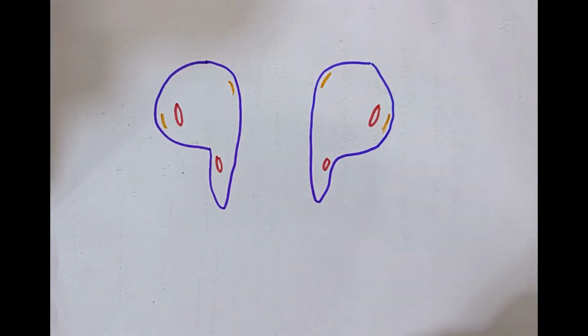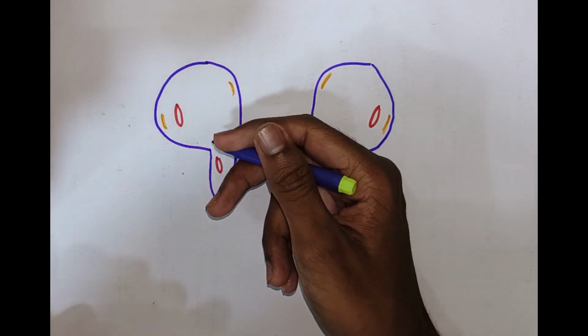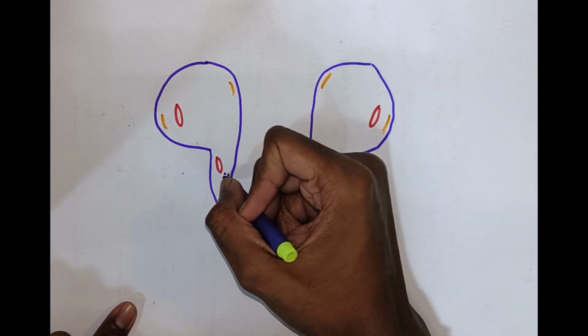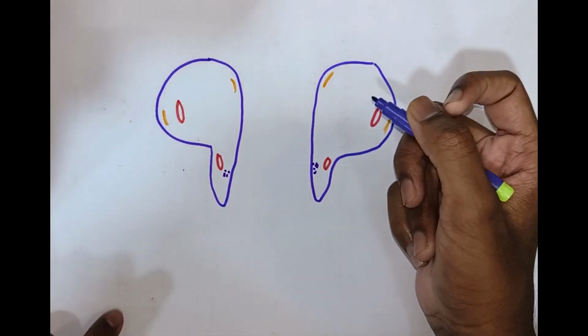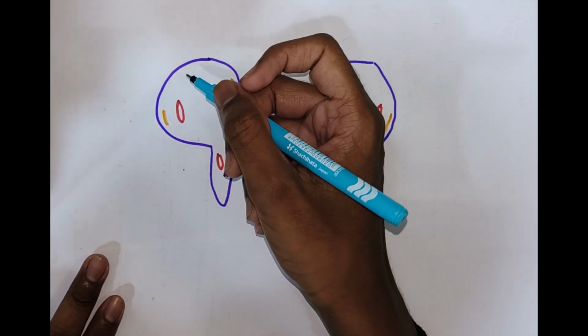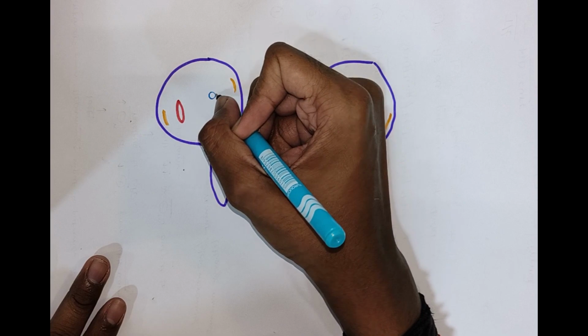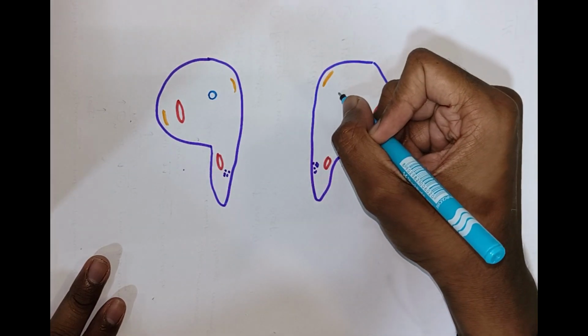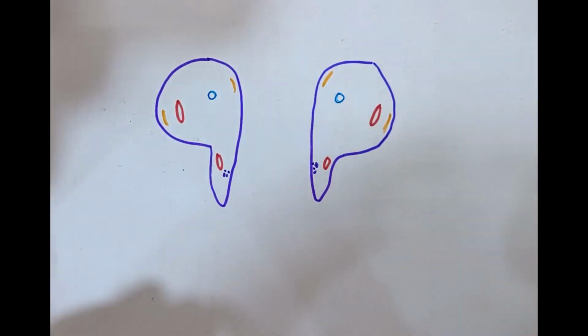Then we also have bronchopulmonary lymph nodes on either side. We have the right pulmonary artery and the left pulmonary artery.